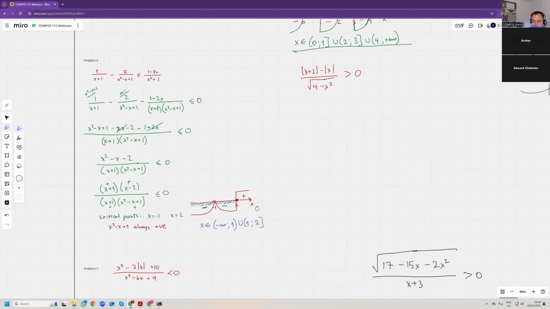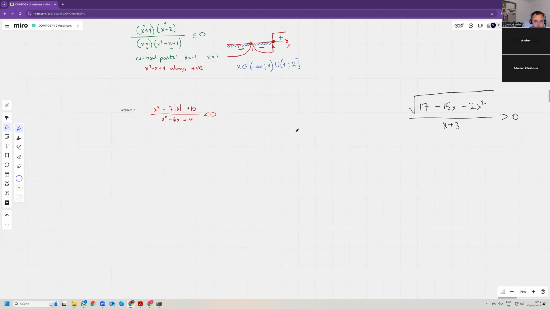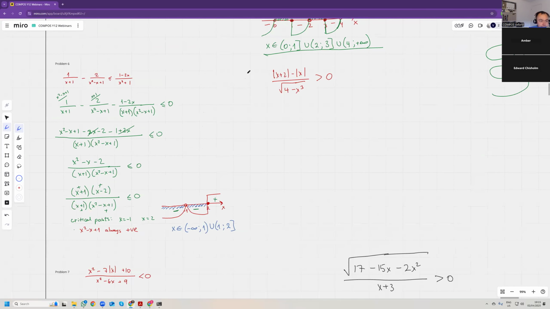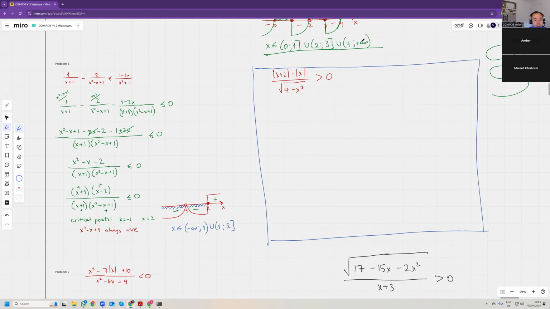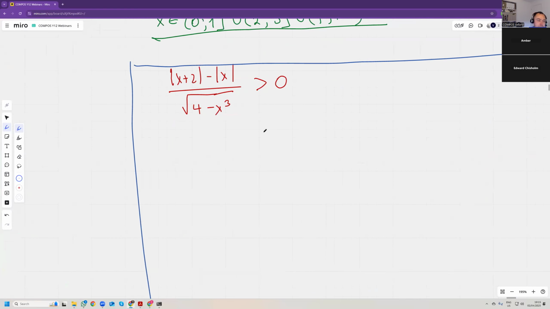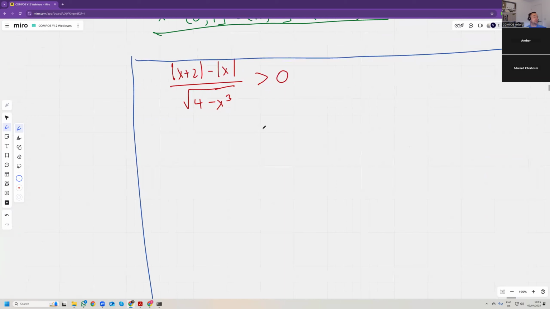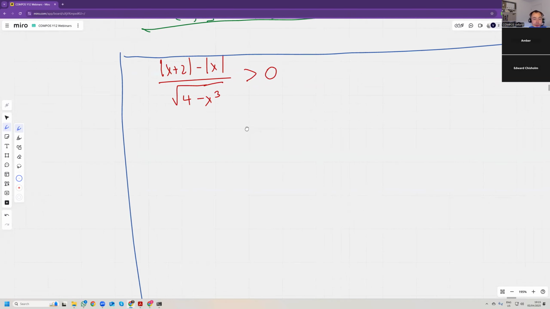Right. The next question, this one. Now this question, it's not worth trying to do it using the method of intervals, and it's not worth trying to do it analytically.